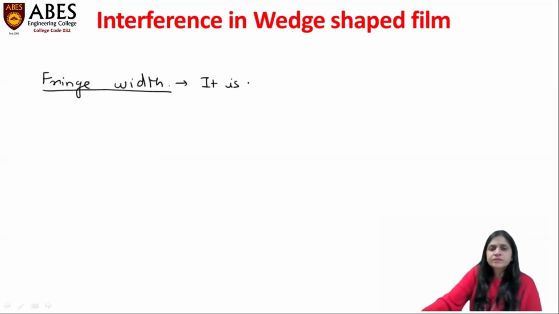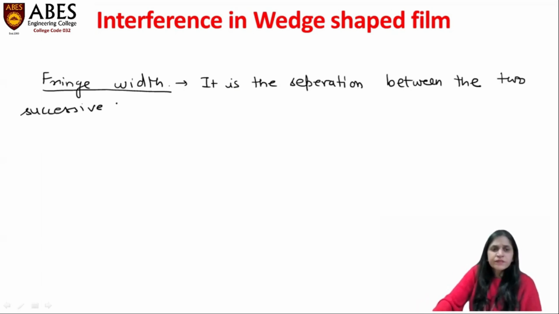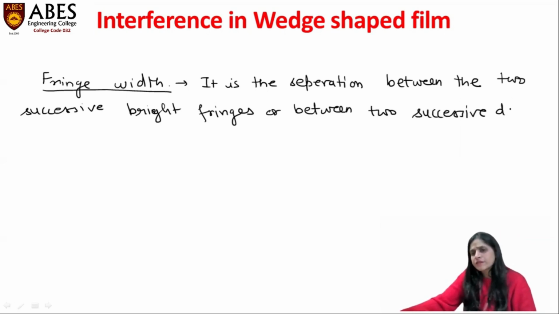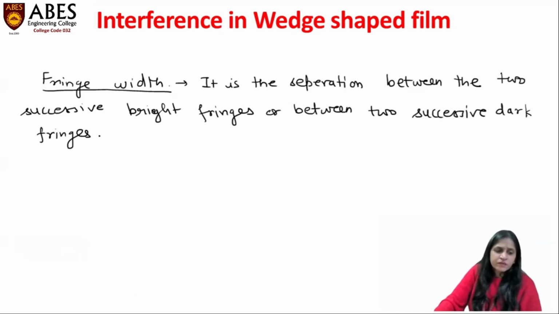It is the separation between the two successive bright fringes or between two successive dark fringes. And it is denoted by omega.